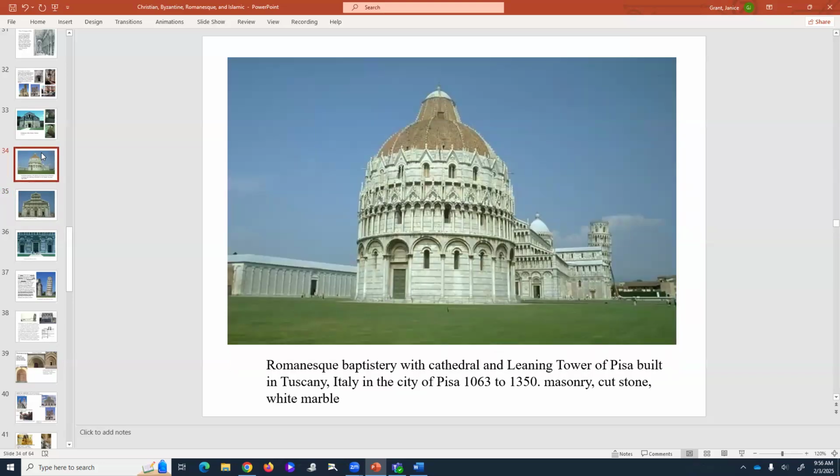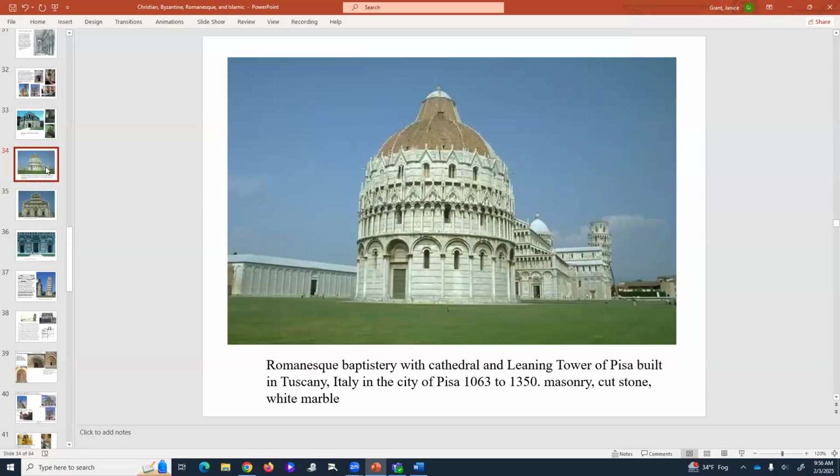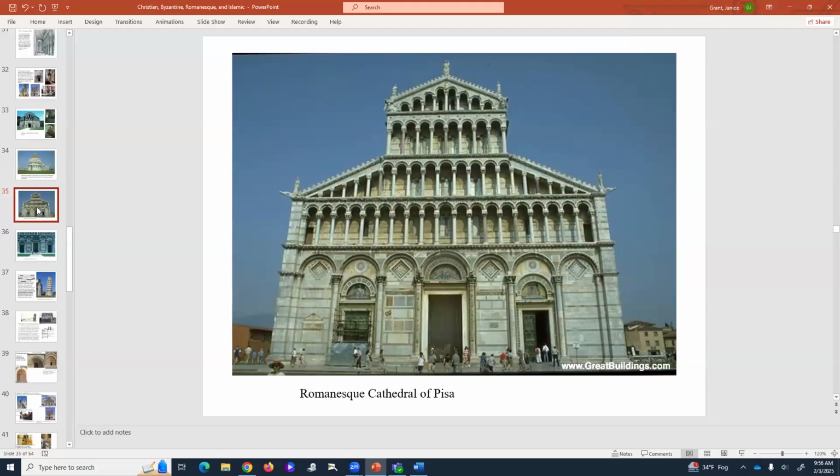So you can see in the background there's the Leaning Tower of Pisa, and there are towers in the background there. If you look at this facade, multiple arches and columns, pilasters.